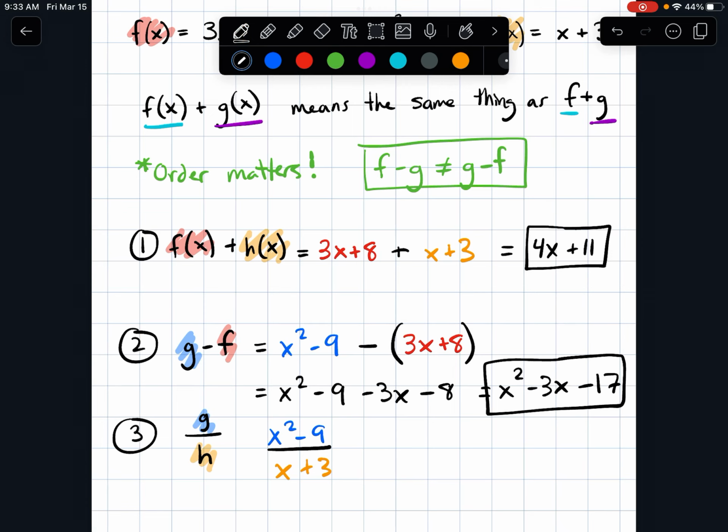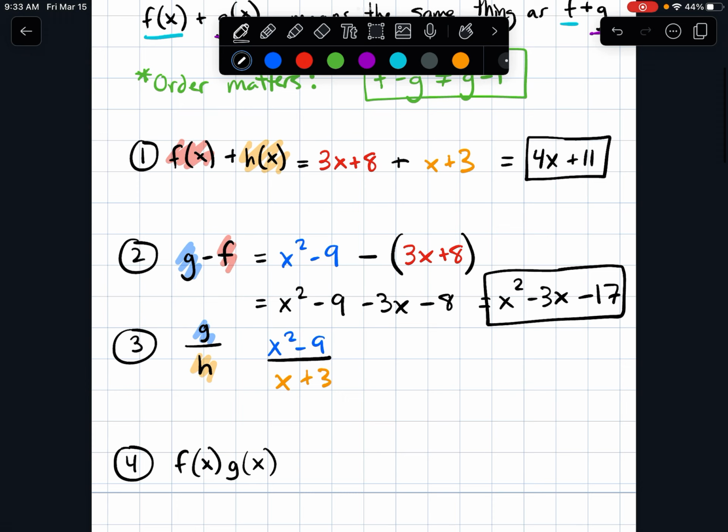At the beginning here, it might not look like I can really do anything, but I actually can, because if I factor this numerator, this is x plus 3 times x minus 3. This is a difference of squares. And we see that we can cancel an x plus 3 on top and bottom. So this does, in fact, reduce to just x minus 3. So be careful of some factoring that you could do.